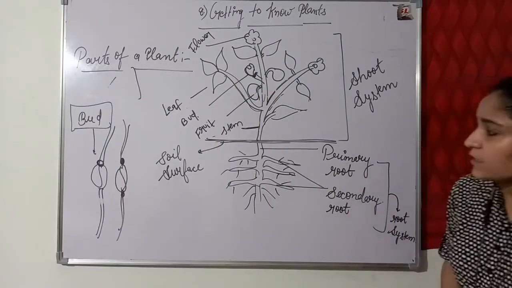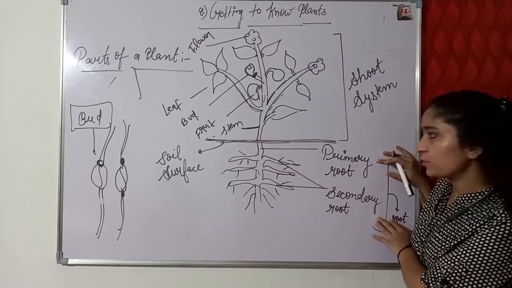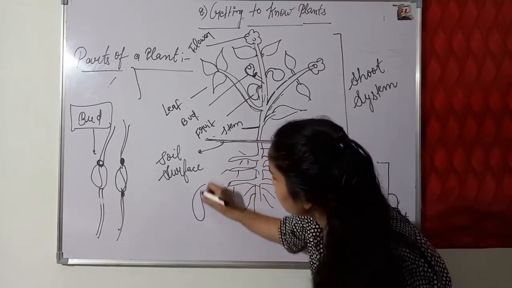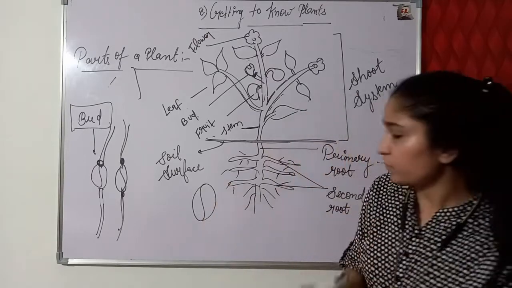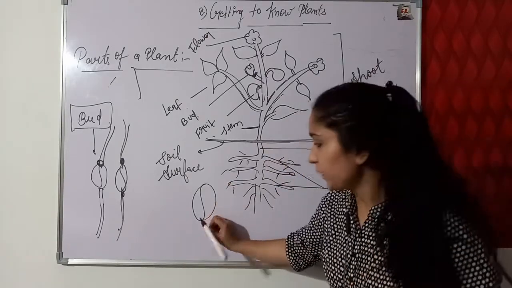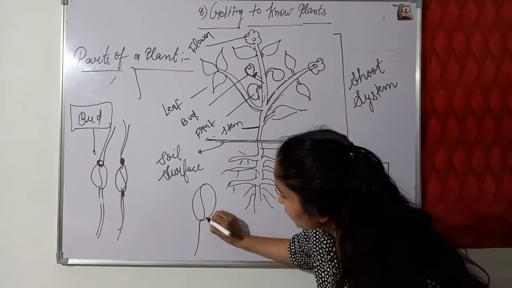Students, in a root system there are two types of root: primary roots and secondary roots. Such as this seed, and you know that from the lower part of the seed the root system is generated. So firstly from the bud, primary roots are generated.